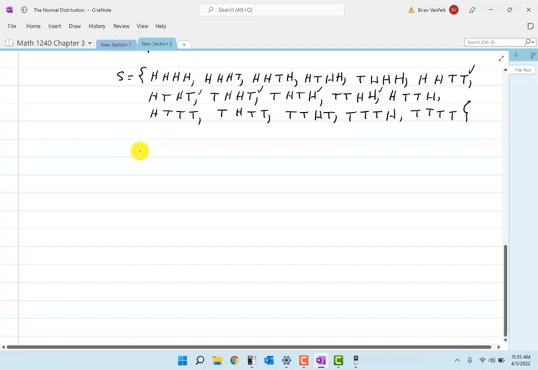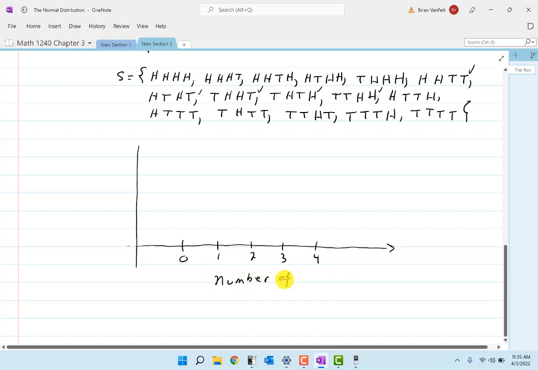And I want to draw a picture. I'm going to probably at some point dispense with lots of details because I hope you see the shape of the picture is starting to take form: 0 heads, 1 heads, 2 heads, 3 heads, or 4 heads. This is as many heads as you can do. Number of heads. And of course, here is the probability.